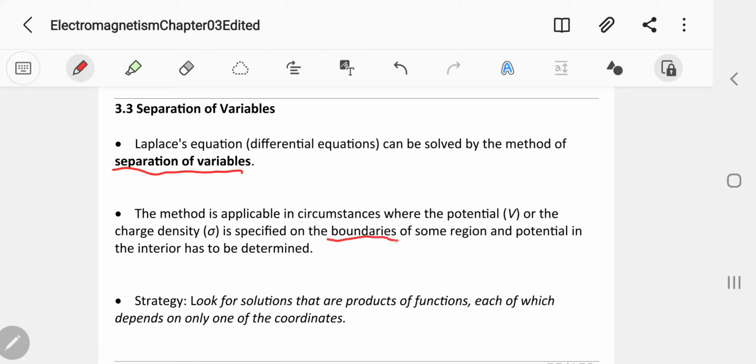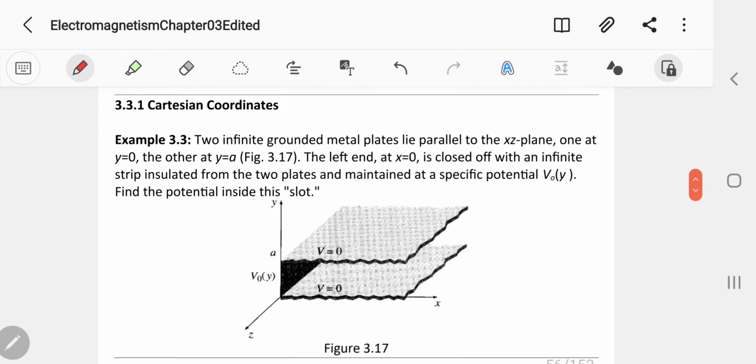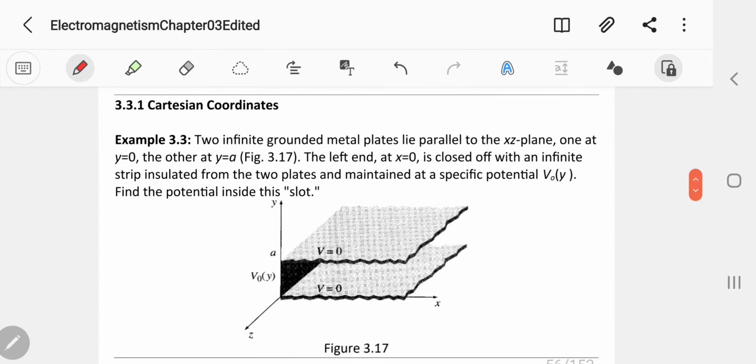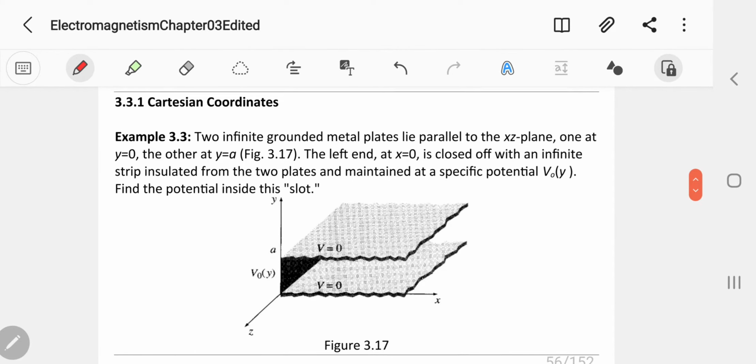So boundary conditions are very important. The boundaries of some region are given, and the potential in the interior has to be determined. So let's do an example and solve the Laplace's equation by separation of variables in Cartesian coordinates.